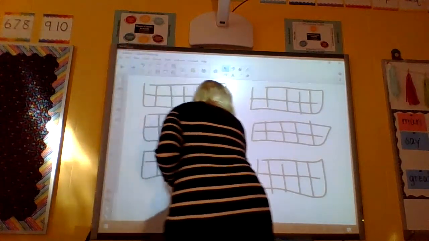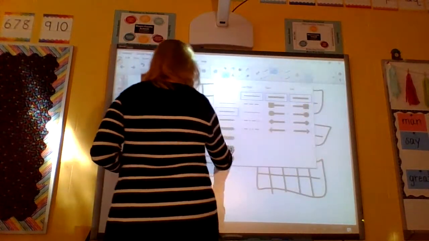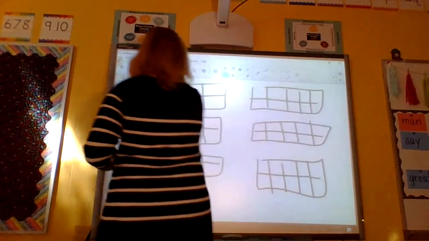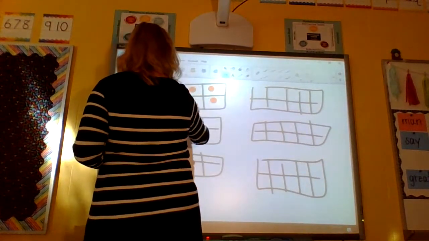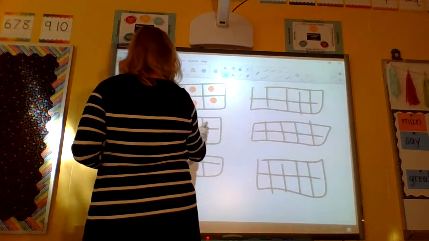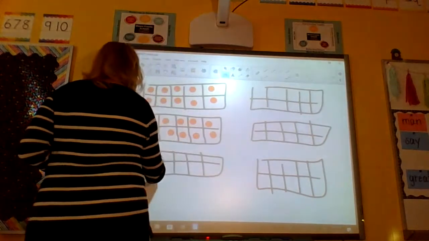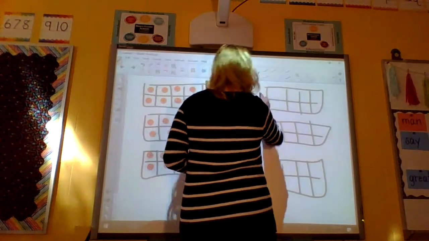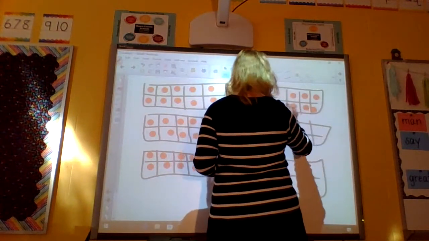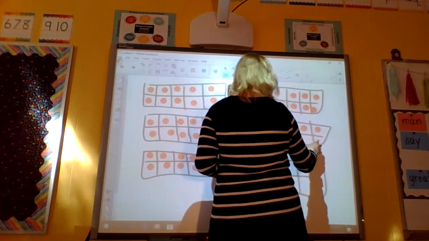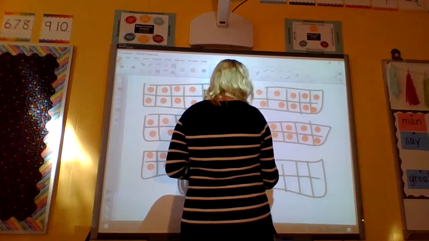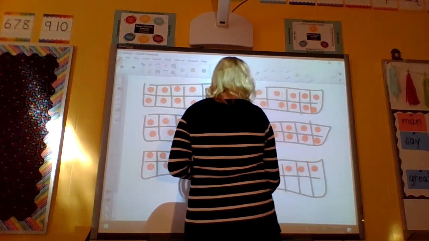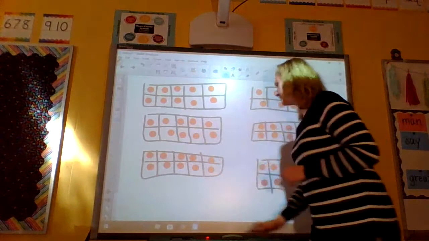Okay. Let me get my dots. Well, I guess I could just do that interactive tool. I could do that next. Please stop. Thank you.